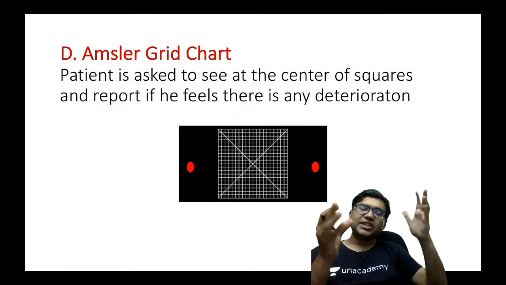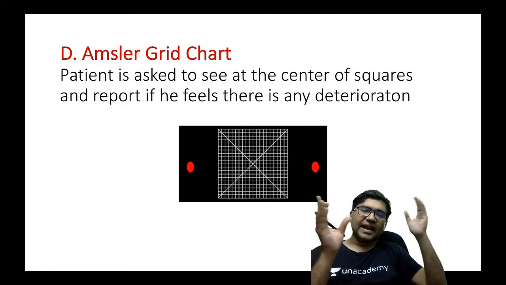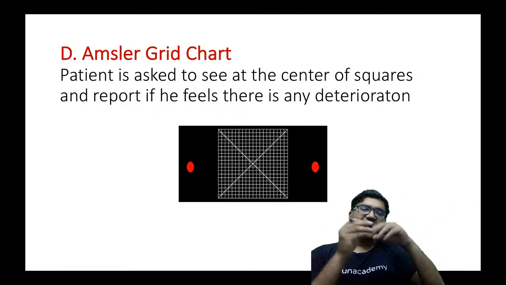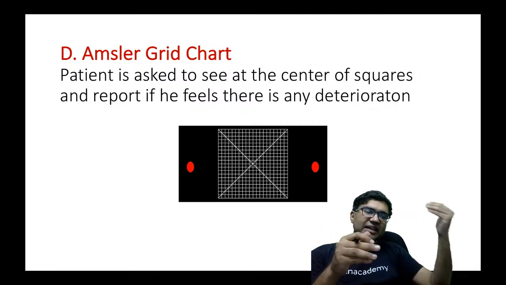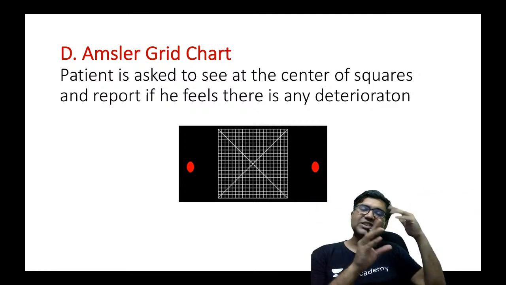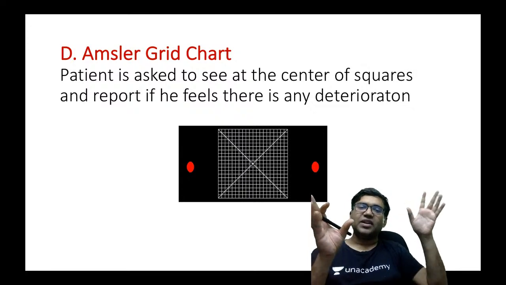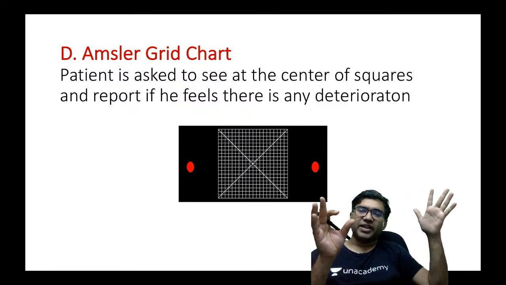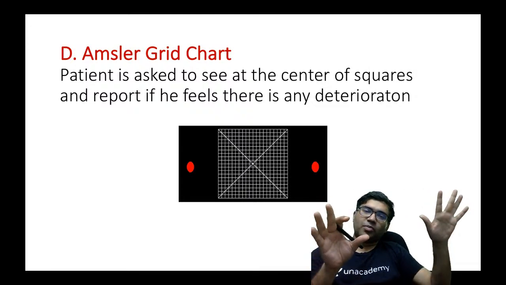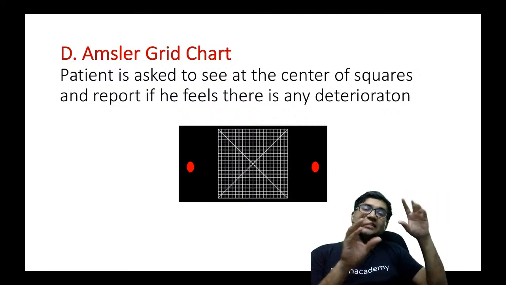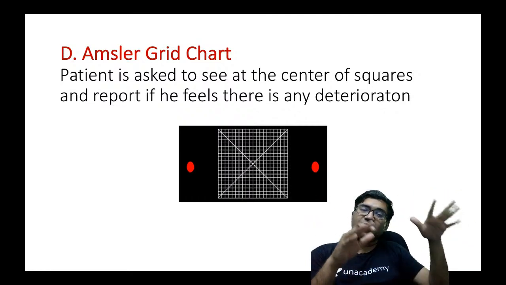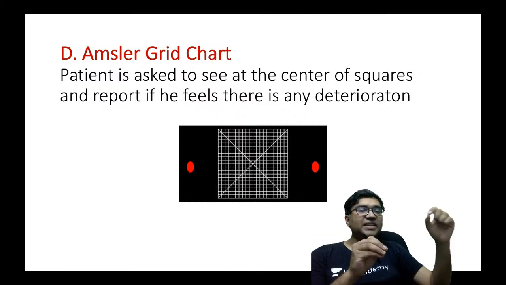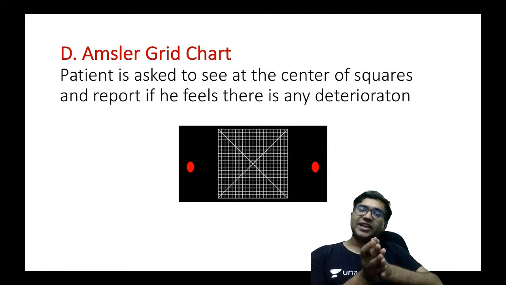We tell the patient to look at the large squares and then see the small squares at the center. If the patient says he is able to see the shape of all the squares without any scotoma in between, this means the patient is normal. But if the patient says that now the shape is not visible to him, this means there is a progression of ARMD.